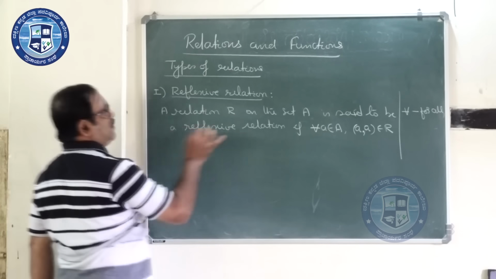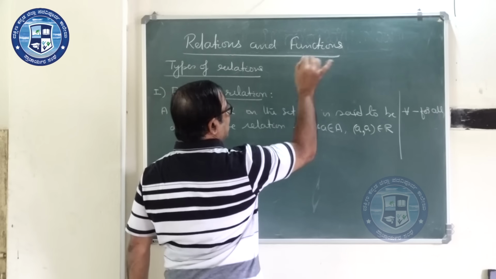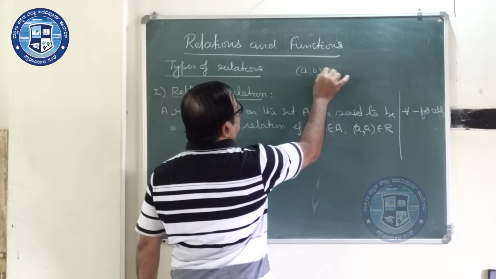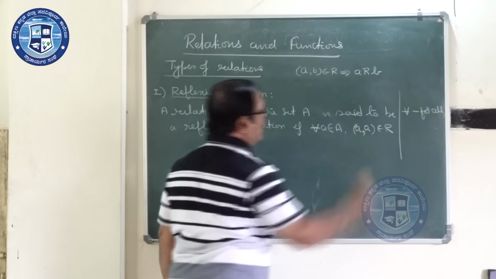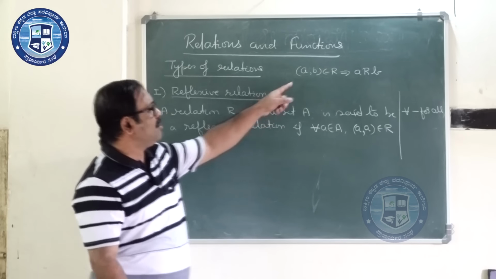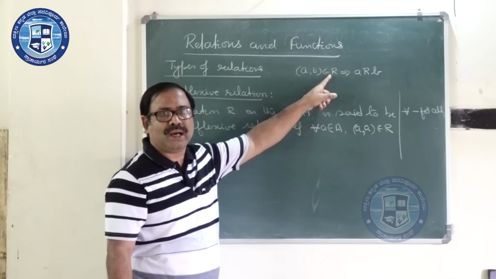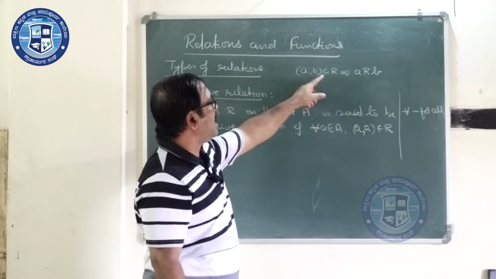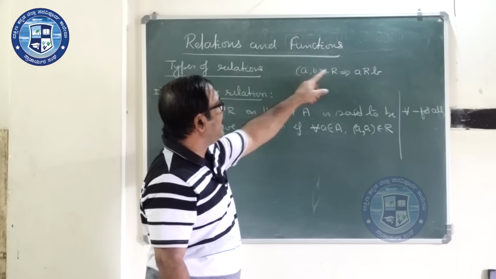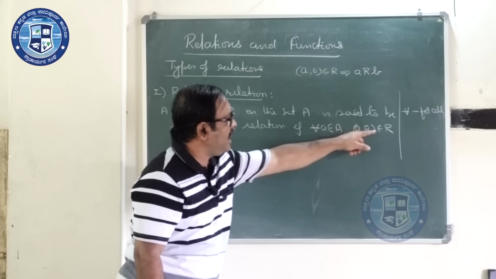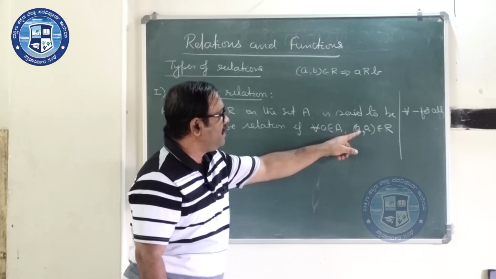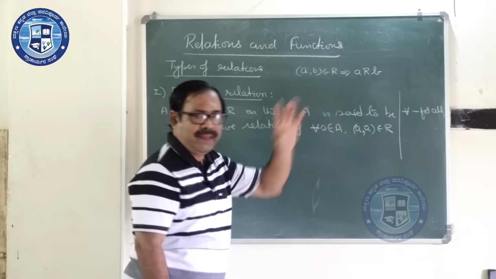See, this is just for your understanding. (a, b) belongs to R implies a is related to b. So when I write (a, a) belongs to R, that means a must be related to a.